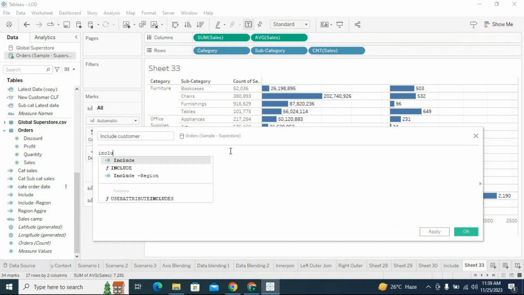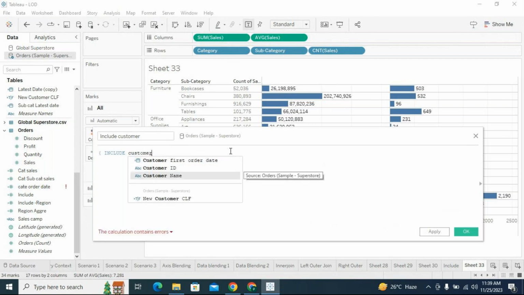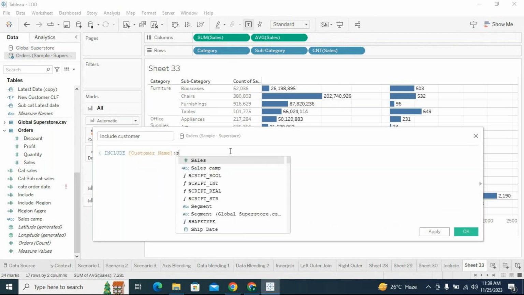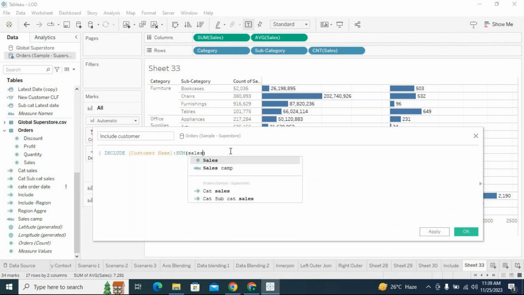LOD always starts with a curly brace. This is a function. I am trying to find the customer name; I'm aggregating sales at a customer level. So we know how include works.